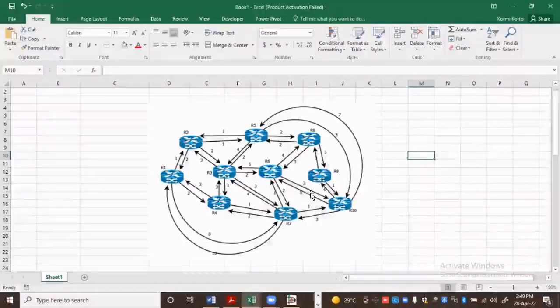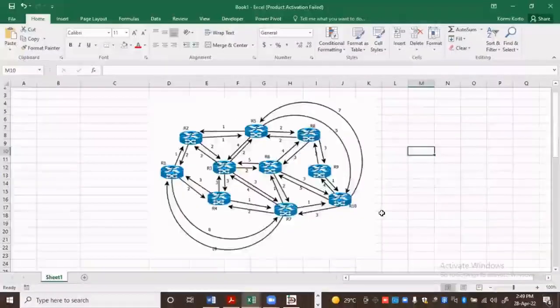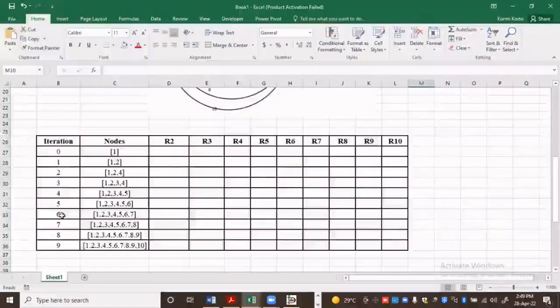Okay, and you've been given the iterations, the nodes, and their sequence, and then the various routers involved.